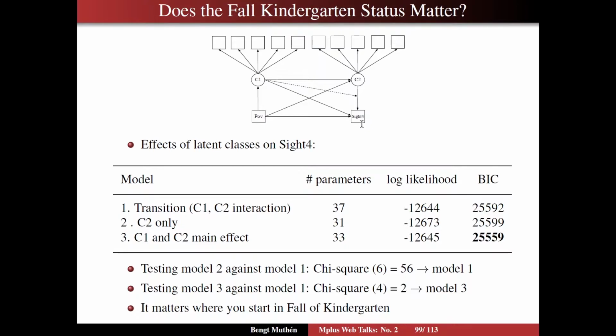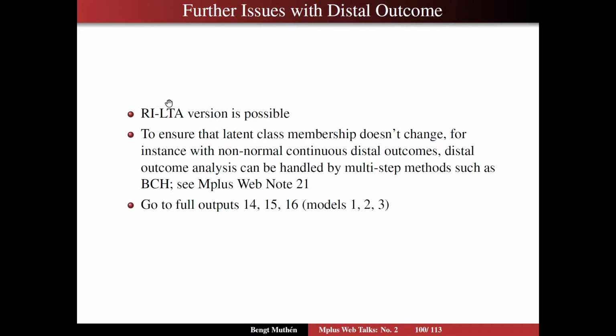But it could be the case that it changes if you have, say, a continuous non-normal distal outcome. So here it is. The RI-LTA version is possible. I don't have much experience with that yet, but I think it should work all right. And then the multi-step approach here.